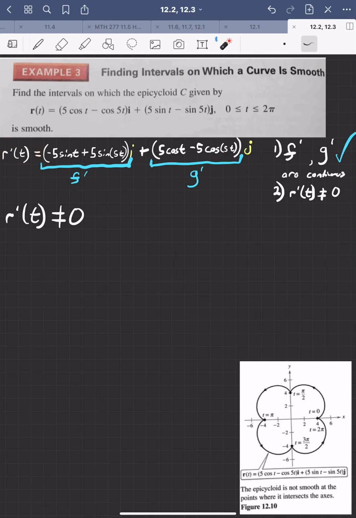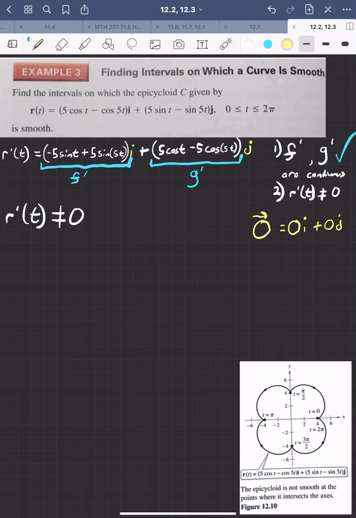But if you just get in the habit of plugging a 0 right here, you run the chance of missing what we mean by r prime can't equal 0. So let me make sure you understand. What is a 0 vector? A 0 vector would mean you have 0i plus 0j. That's an important thing to keep in mind.